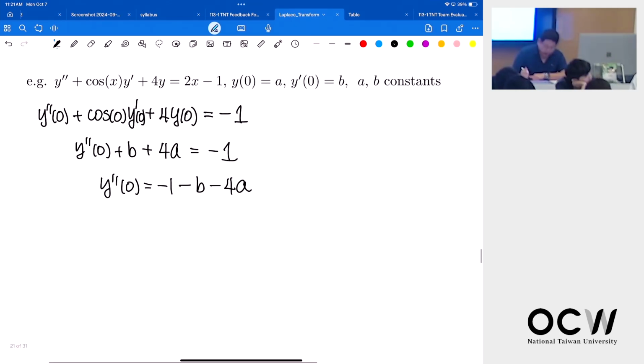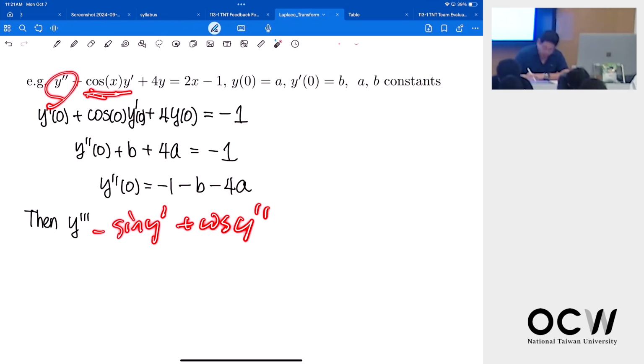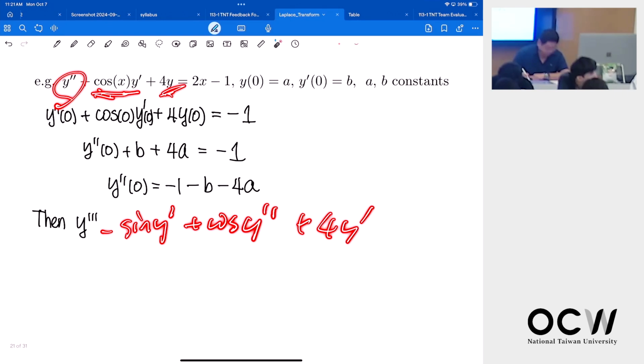Then we take the derivatives of the original differential equation. We have y triple prime, and here chain rule, cosine becomes minus sine y prime, and cosine y double prime.